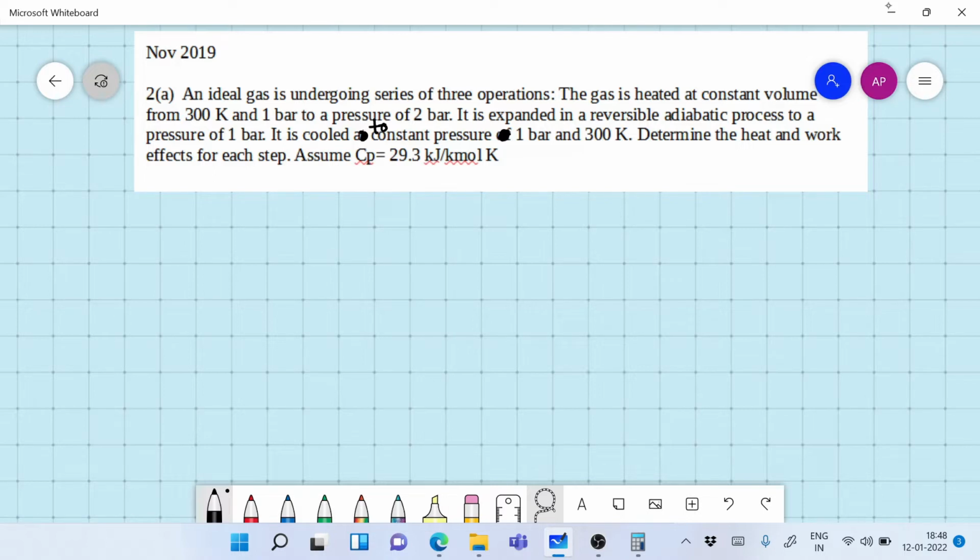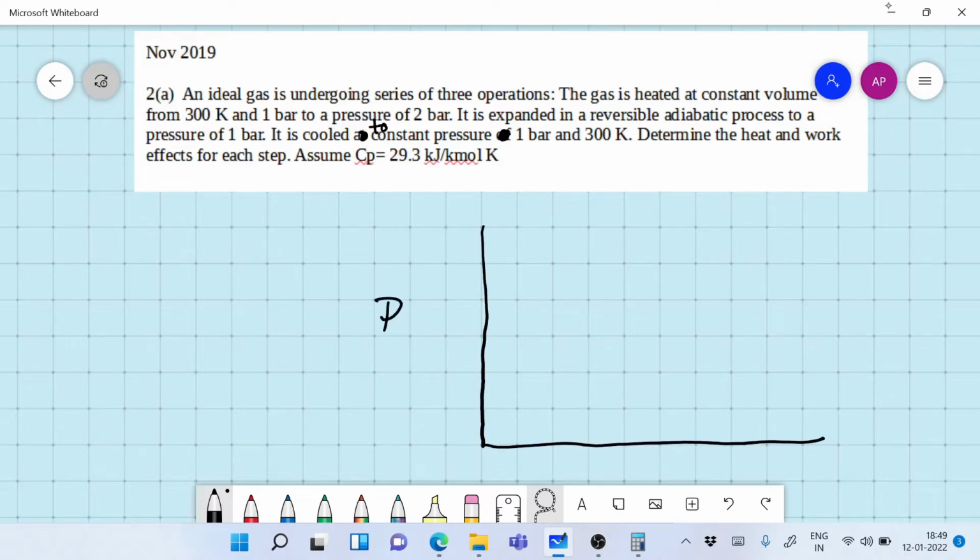Now remember here, and remember this always, whenever you have a problem involving cycles, always try to calculate the temperature at each and every state. Now it's easy to do this if you draw a PV diagram and represent the entire process.